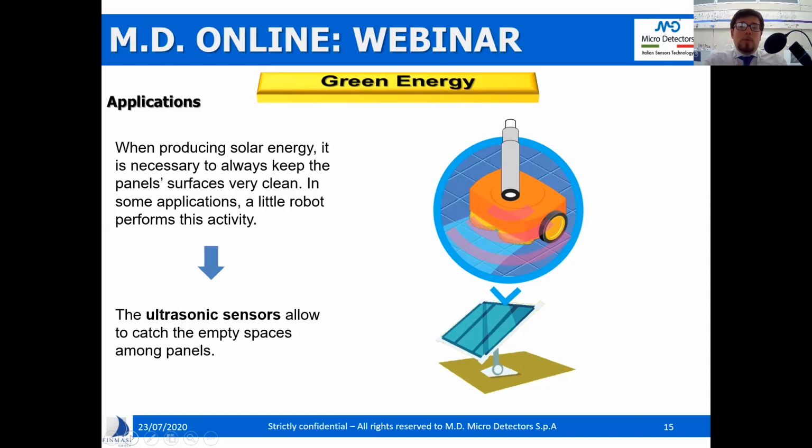But on the other side, you know that these surfaces are very, very wide. We are talking about square kilometers of panels. So someone has automatized this kind of activity with this little funny robot here. And we are supporting this robot during its cleaning activity thanks to our ultrasonic sensor, which is able to detect the empty spaces among different panels.